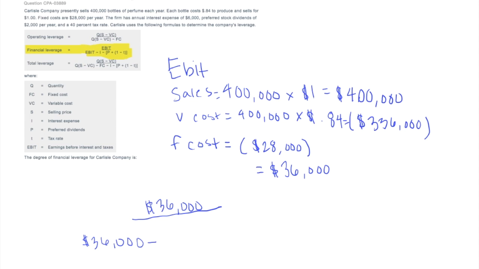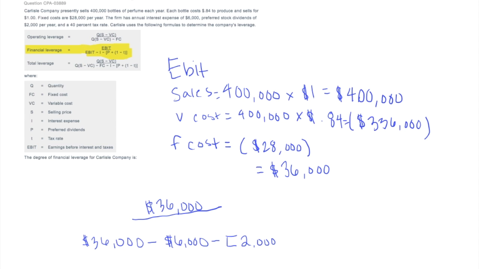minus interest. And interest was given to us. It says interest expense is 6,000. So we will put in 6,000. And then we take that minus what? P. And if we look, it says P is our preferred dividends. Preferred dividends were also given to us in the problem. They are 2,000.